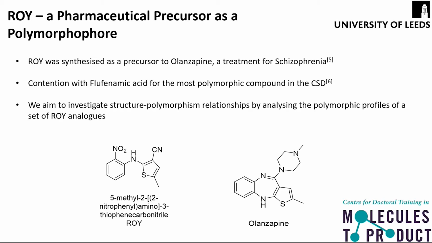Another interesting factor about certain polymorphophores is that they tend towards extreme polymorphism, which we believe, by performing structural modifications around this polymorphophore scaffold, we can start to understand how small chemical changes can influence changes in polymorphic profile.